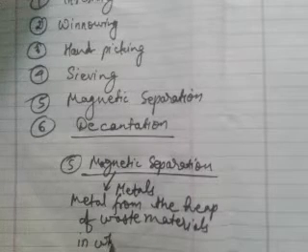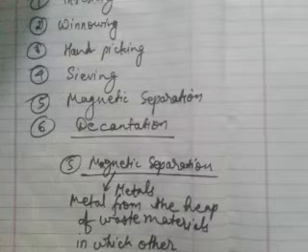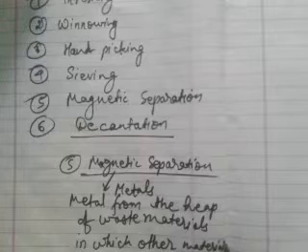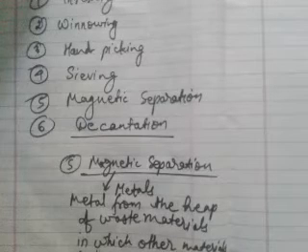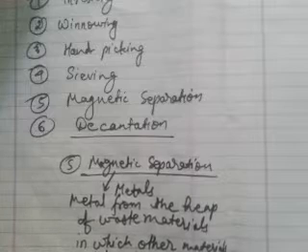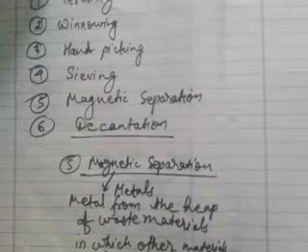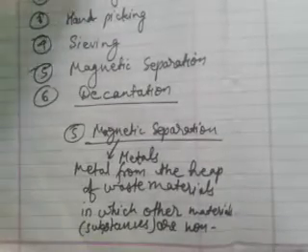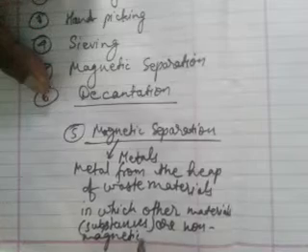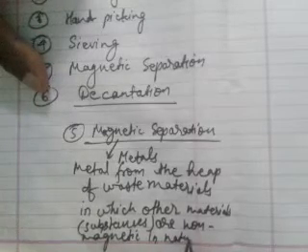in which other materials, or we can say the substances, are non-magnetic in nature.